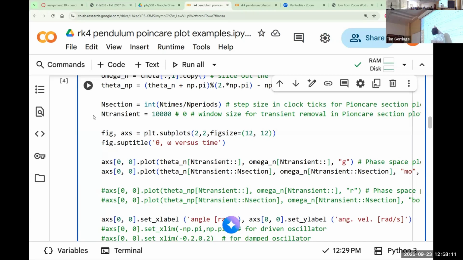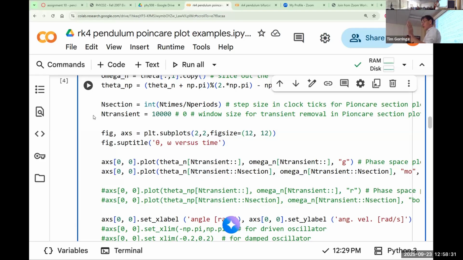So this is this quantity n section. I'm sure that's a great name, but the section is for Poincare section. It's the number of clock ticks from one natural period to the next natural period.